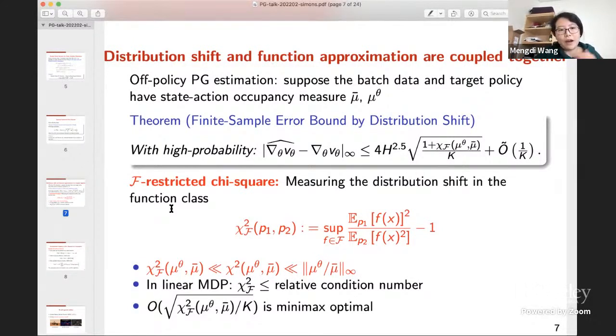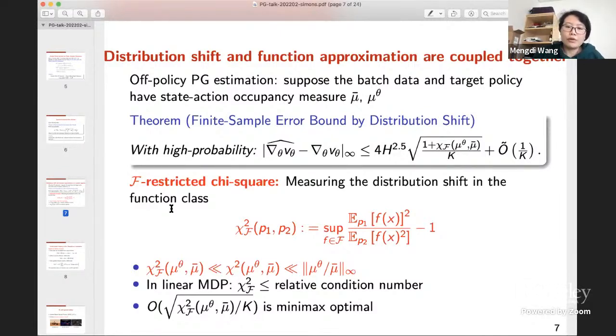We know that off policy data creates a distribution shift, and distribution shift sometimes can jeopardize the entire estimation problem and lead to substantial estimation error. But on the other hand, we are also using function approximation, approximating the Q function and its gradient function. Function approximation is supposed to improve generalizability and prediction accuracy.